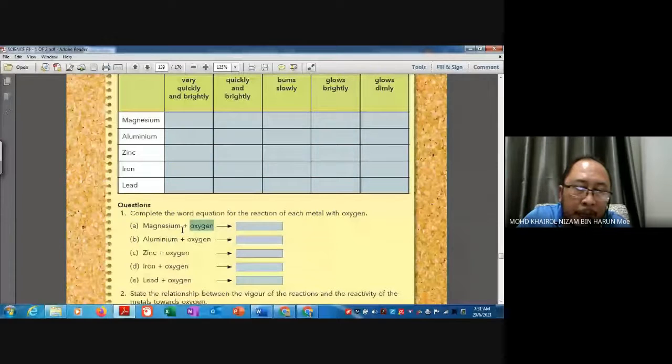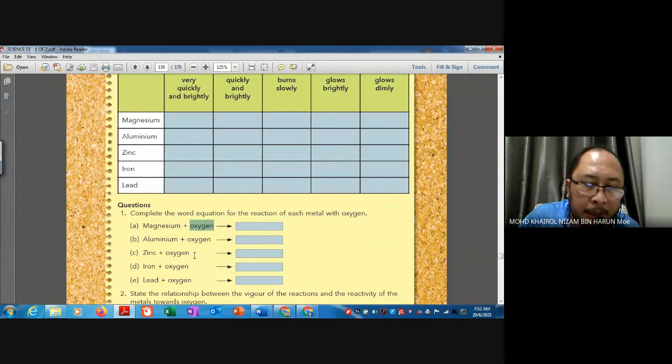When a metal reacts with oxygen with a bright flame, compared to a metal that reacts with oxygen with a very low flame, we can consider that the metal that reacts with a bright flame is more vigorous, or more reactive. So based on the vigor of the flame or the reaction, we arrange the reactivity of metals.